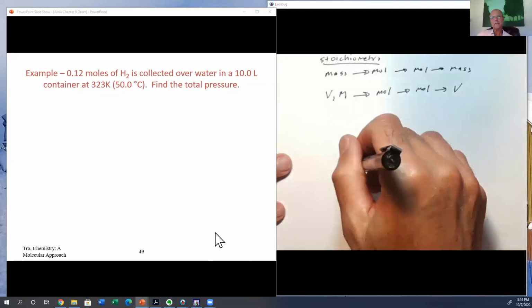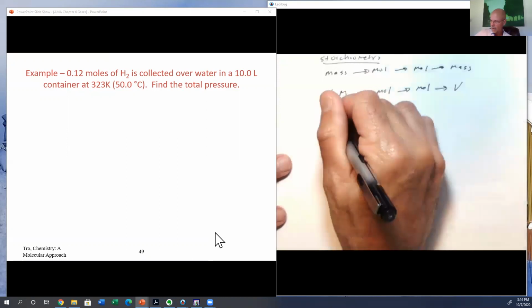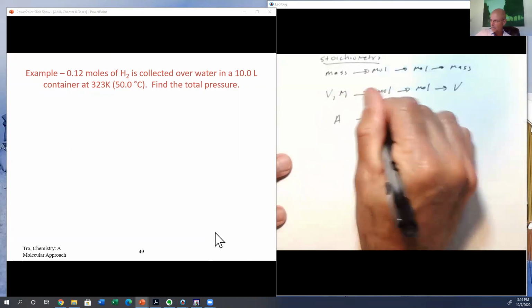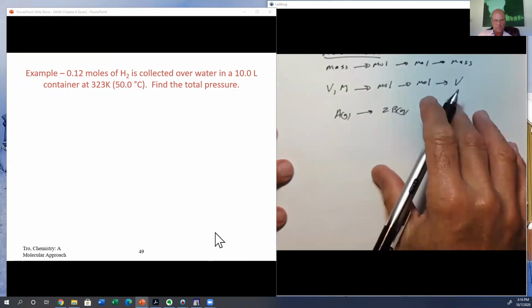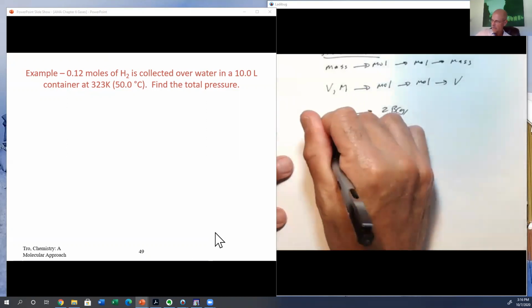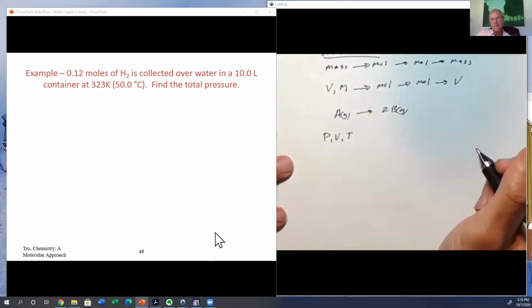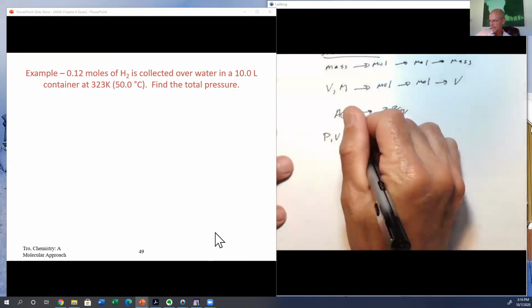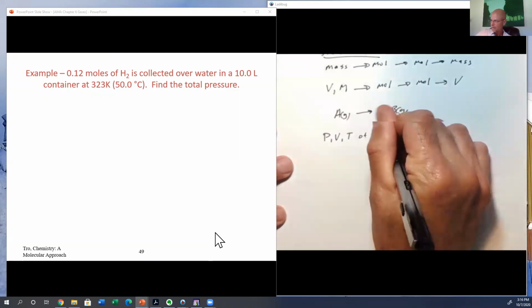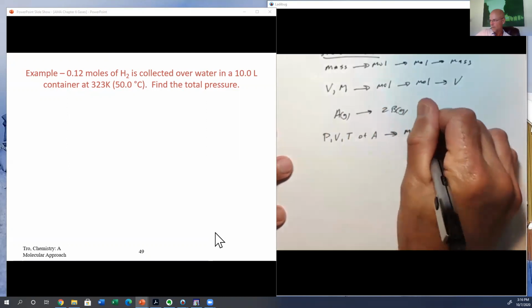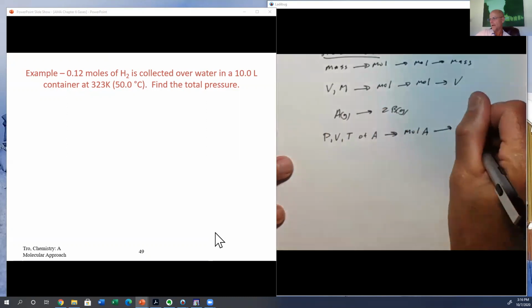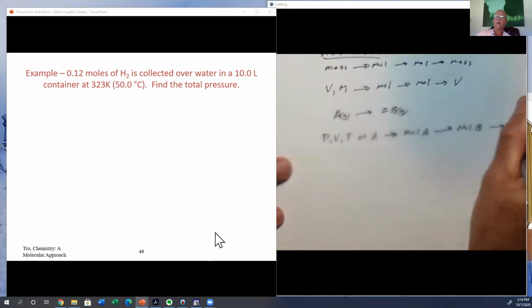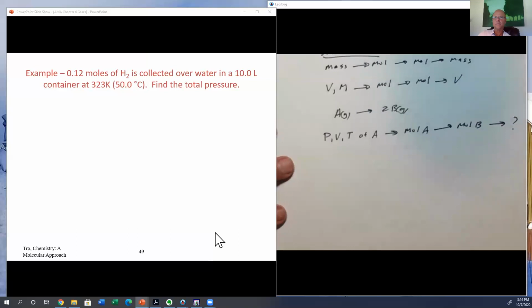Now we're in gases. If we have a chemical reaction that involves gases, let's say A goes to 2B, we can go from P, V, and T of gas A to moles of gas A, to moles of gas B, to whatever it asks us, back to PV and T, or to mass.